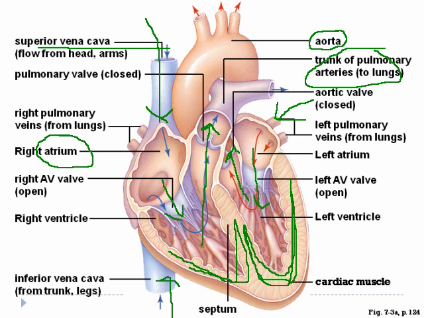Veins lead into the atria. Blood goes through the valves into the ventricles, through valves into arteries that carry blood away from the heart. And if you can remember, the right side goes to the lungs. That tells you the pulmonary arteries. If you can remember, the left side goes to the body. That tells you aorta.